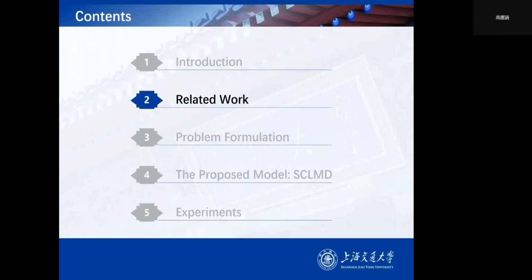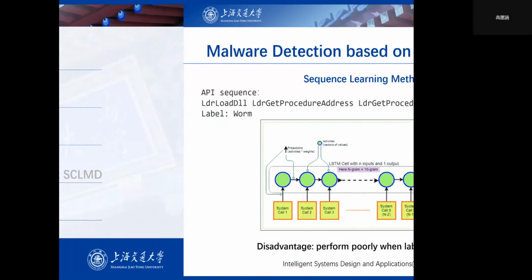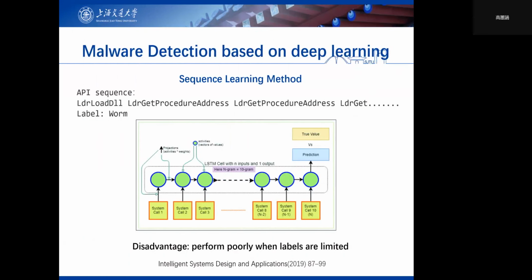Second, related work. I will present work that has inspired our research. The dynamic detection methods use features generated during the software running process, especially the API call sequence. Researchers can find the behavior intent of any software by analyzing its API call sequence patterns.